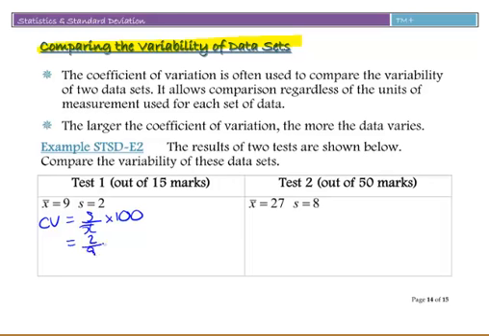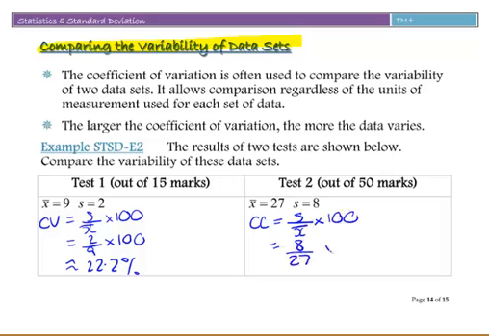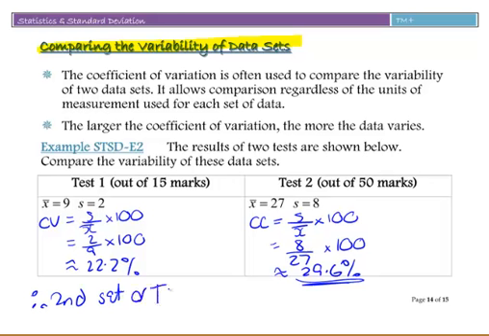So in this one we're going to have 2 over 9 times by 100, which gives me approximately 22.2%. For this one I'm going to have 8 over 27 times by 100, which is approximately 29.6%. So you can say here this is a higher percentage, so therefore the second set or test 2 has greater variation.